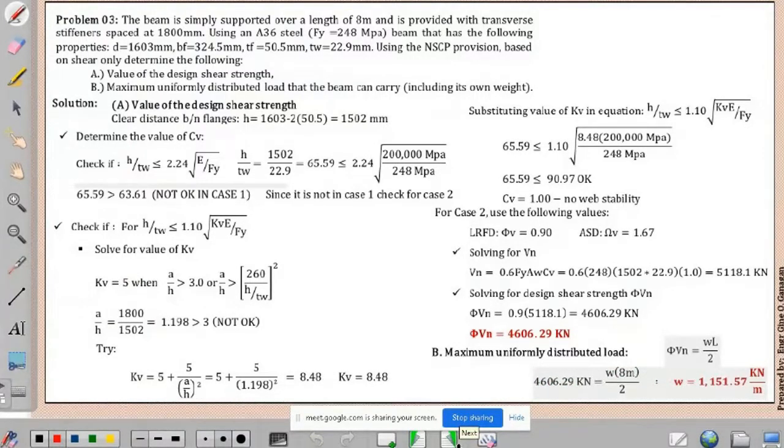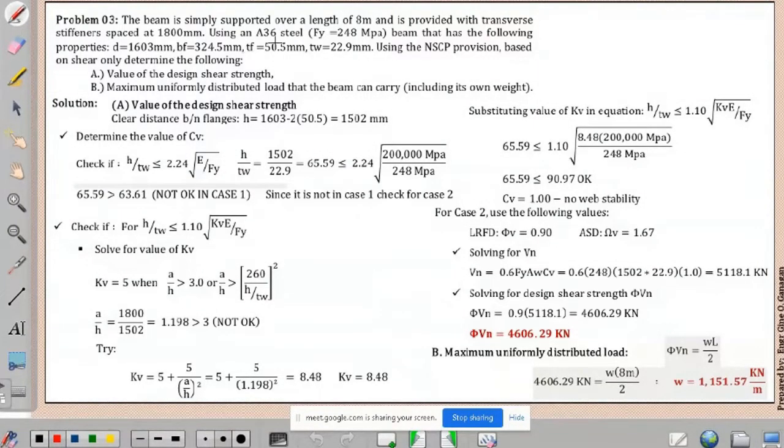We also have here problem number 3. So for problem number 3, we have simply supported pa rin over a length of 8 meters and it's provided with transverse stiffeners. So meron tayong transverse stiffeners spaced at 1,800 mm.